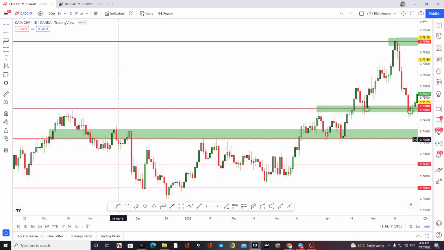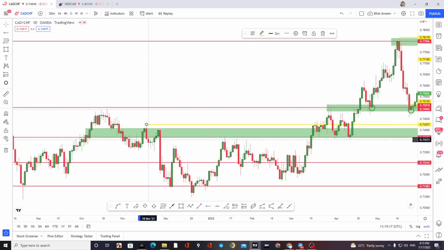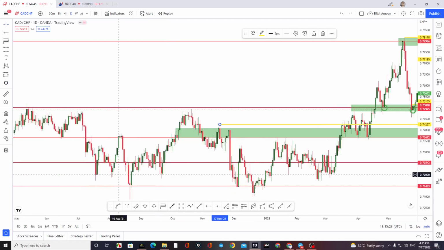And if we place our SL in the middle of the supply zone, our SL will be hit. That's why we will place our SL above the supply zone. Because the market comes down and sometimes goes up again and gives closing in the supply zone, and then comes back to the demand zone.